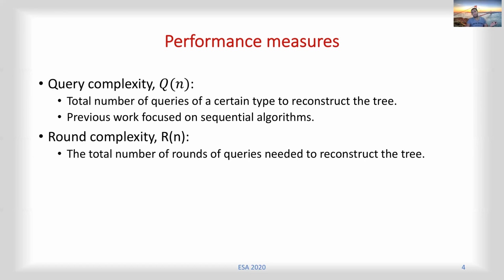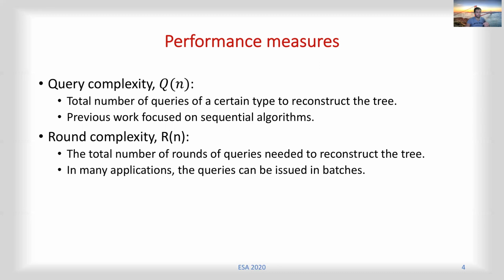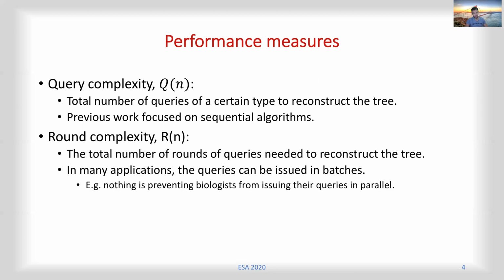Another performance measure is the round complexity, or the total number of rounds of queries required for reconstructing the tree. And in many applications, the queries can be done in batches. For example, nothing is preventing biologists from conducting their experiments in parallel.